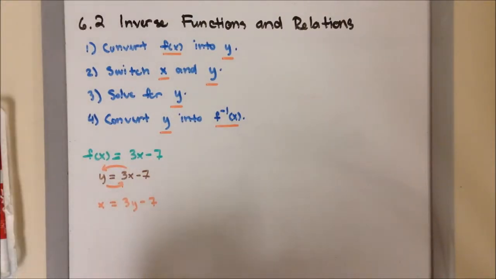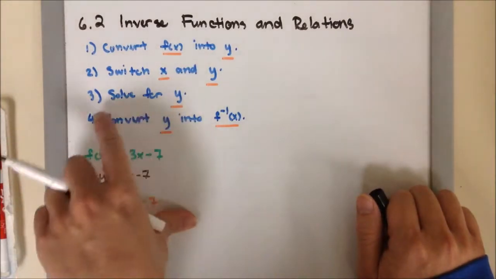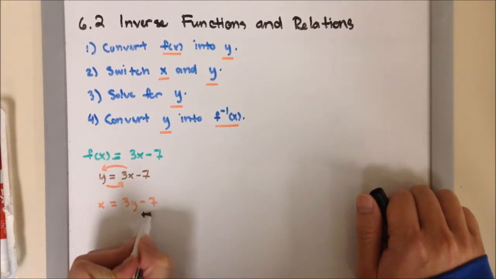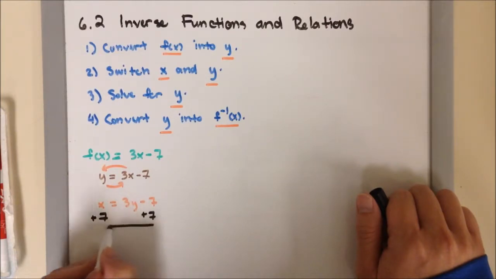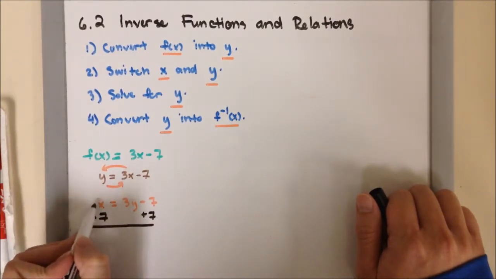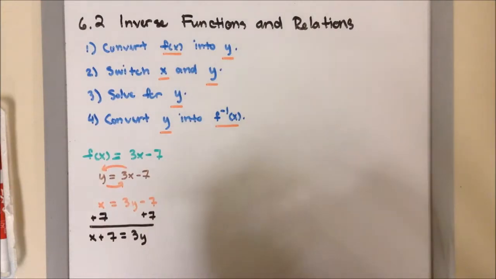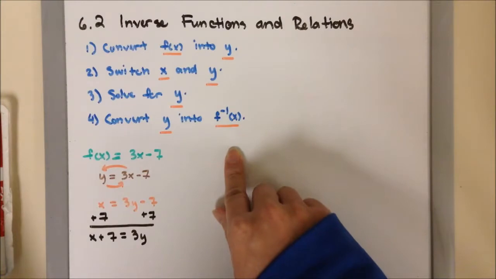After that, if I want to get 3y by itself when I'm working on step 3, I need to get rid of my minus 7. So I'm going to add 7 to both sides. So on my left, I'm going to have x plus 7 equal to 3y. Alright, then I'm going to move it over here for more space.